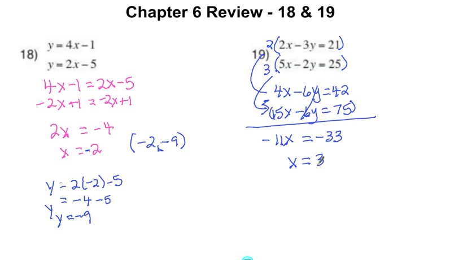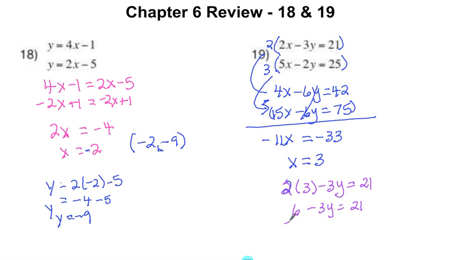Yep. Okay, and then I'm going to pick one of these to plug it back into. I'm going to plug in the first one, only because it's less to multiply. So I get 2 times 3 minus 3y equals 21. So 6 minus 3y equals 21.